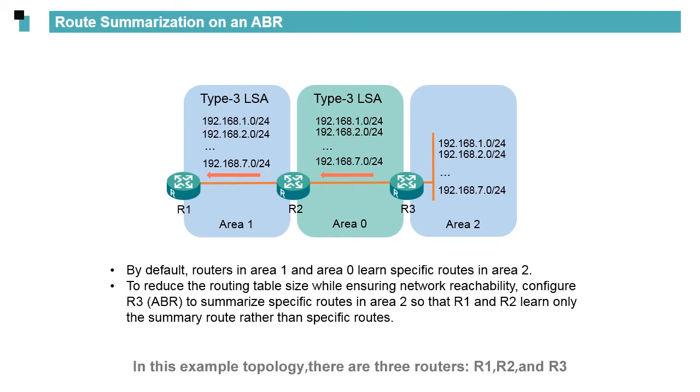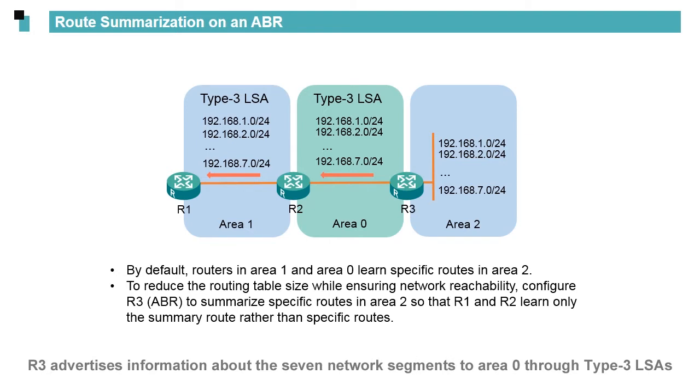In this example topology, there are 3 routers, R1, R2, and R3. OSPF is configured on the network, and 3 areas are deployed. R3 is located in both Area 0 and Area 2, and is connected to 7 network segments in Area 2.